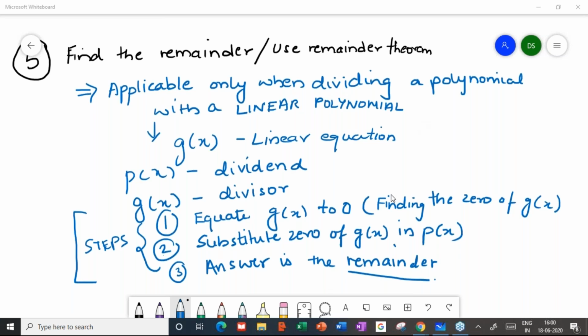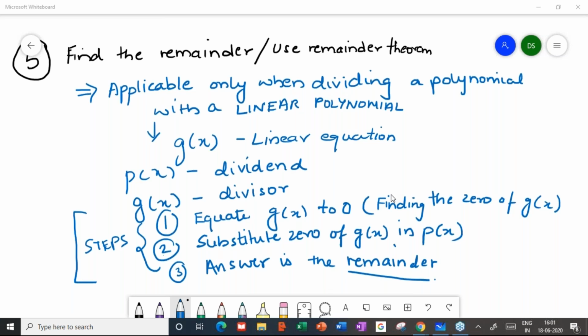Raghav has a doubt. Ma'am, can you give us some questions that do not tell if we have to solve by remainder theorem or factor theorem? If it does not say, then you can perform long division and get it. Basically, if they specify to use remainder theorem, it's a short and simple way of doing it.